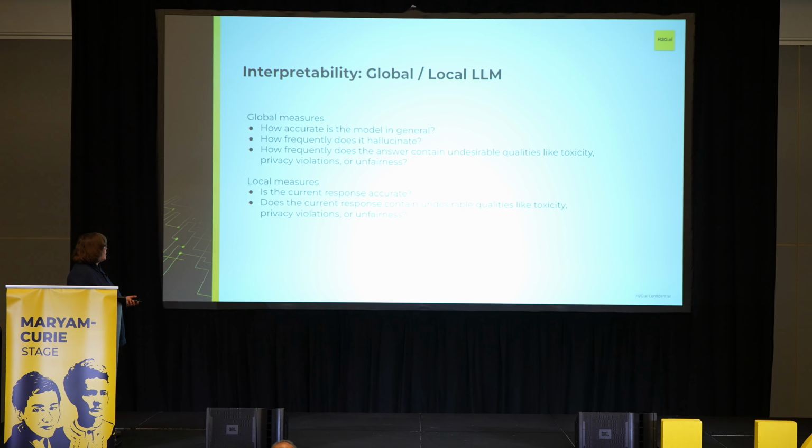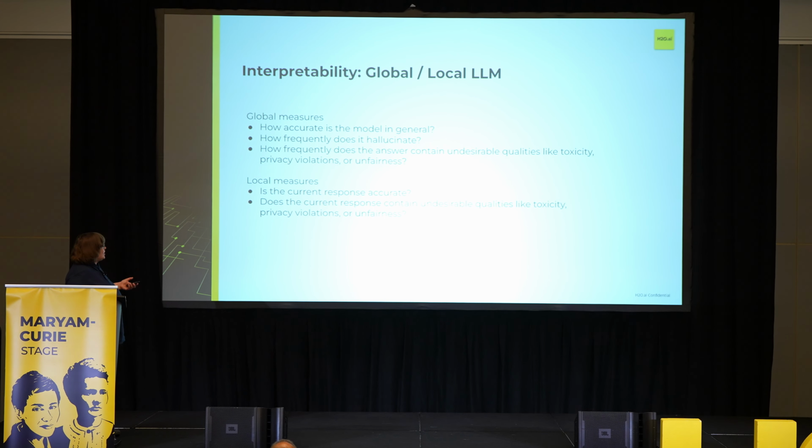So we'd like to have data on how different models perform on average for our application. We want to know the percentage of time the model's going to hallucinate. We'll want to know how frequently we're getting undesirable properties from the LLM, like toxicity, privacy violations, whether it tends to be unfair to different groups of people.